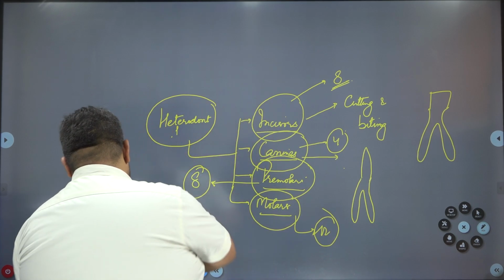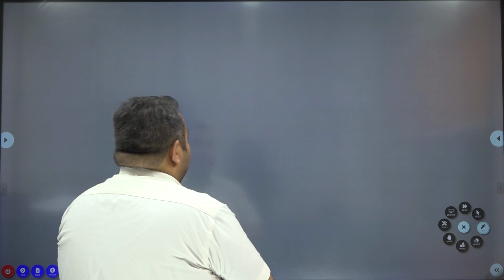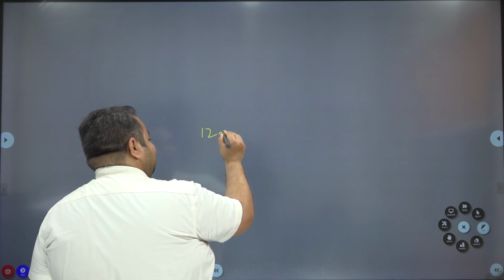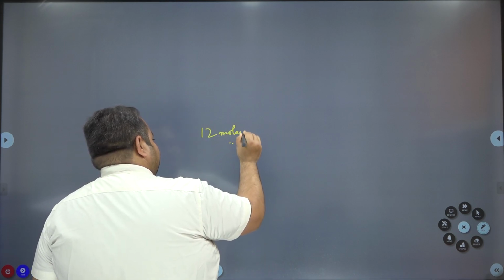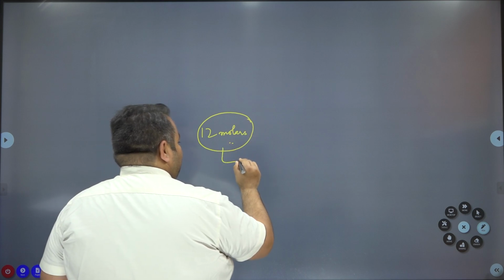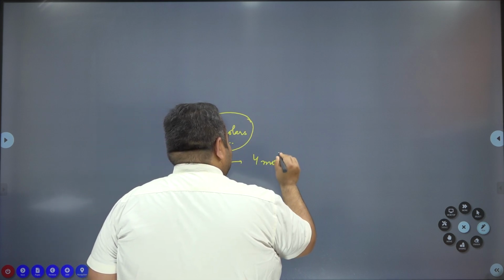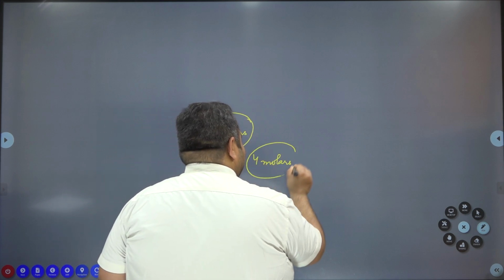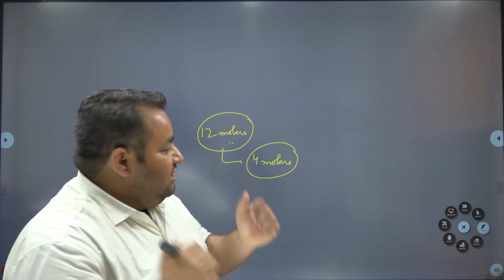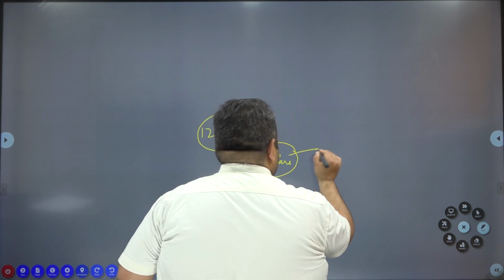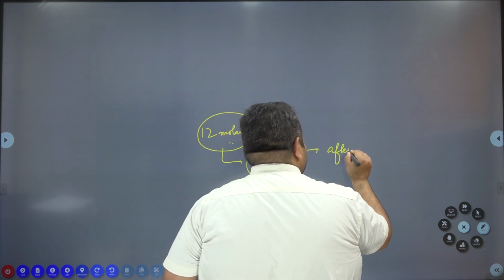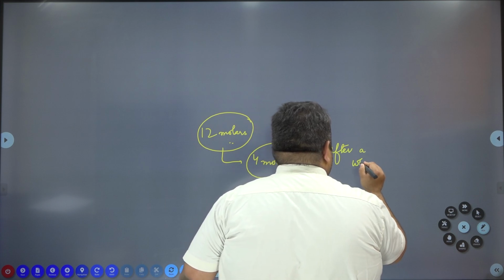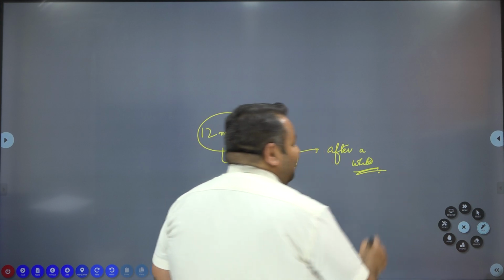Now, out of those 12 molars, 4 molars, the end molars, grow after a while. When I say after a while, I mean around the age of 18 to 21.